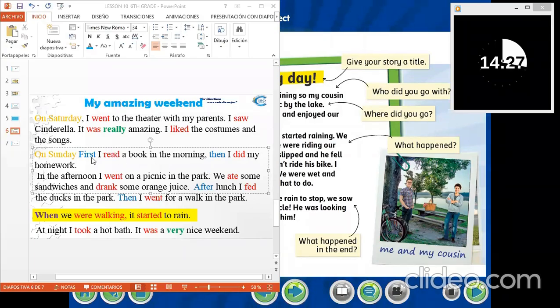Remember, separate your ideas, please, using commas or periods. You say one idea, period, and you continue with other idea, different idea. Period, and you continue with other idea. Okay?